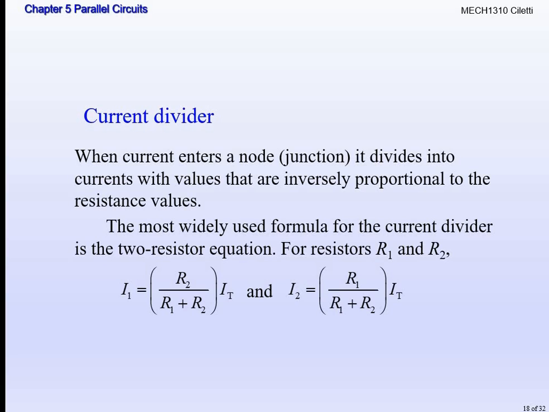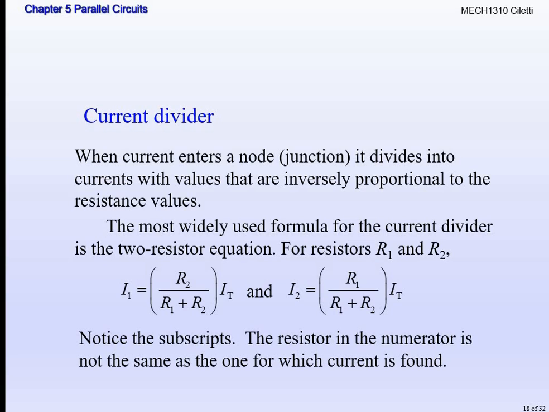So if I want to find the current through R1, which is I1, I'm going to put R2 on top of the sum. If I want to find the current through I2, I'm going to put R1 on top of the sum. So it's the opposite. And notice instead of multiplying by a voltage source, we have to multiply by the total current.